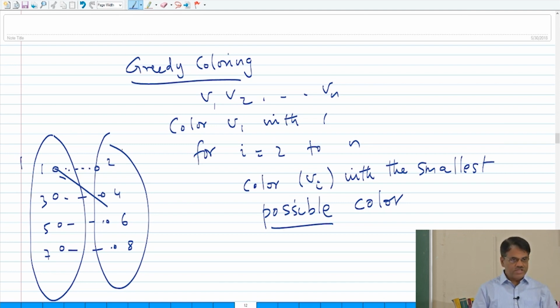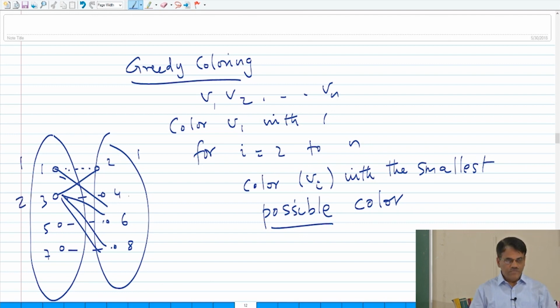Since 2 is not adjacent to 1, I can give color 1, because the smallest possible color, 2 will get 1. Then I get to 3. 3 is adjacent to this color, because it is a complete bipartite graph except a matching, right. So, all these edges are there. Since 3 is adjacent to this guy which has already been colored 1, I have to use a separate color. So, I will color it 2.